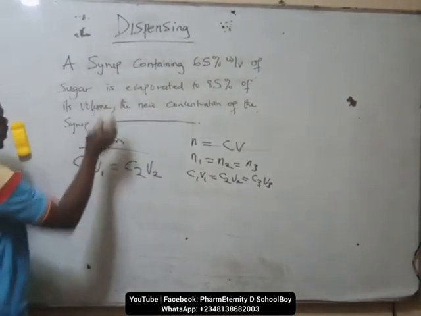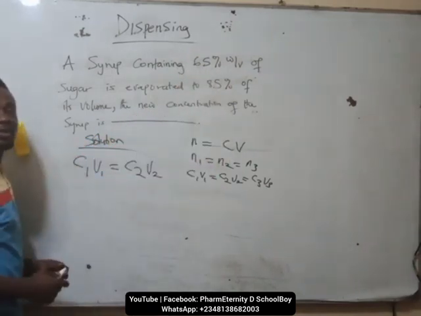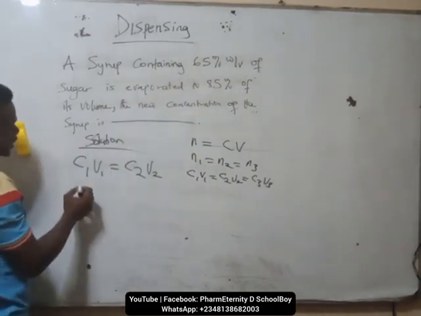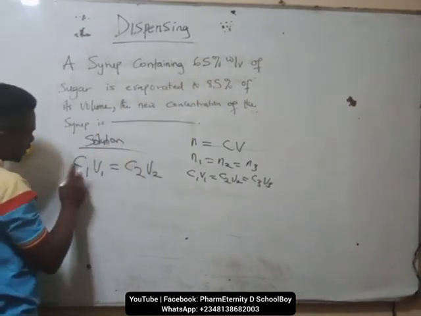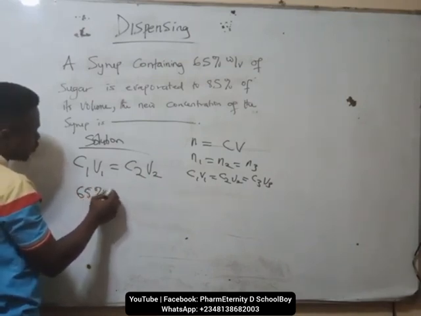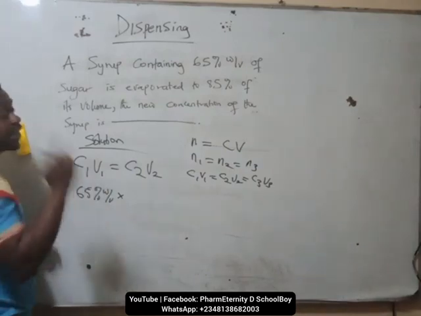From this question, the first concentration of the sugar is 65% weight in volume. So C1 is 65% weight in volume, times V1, the initial volume.